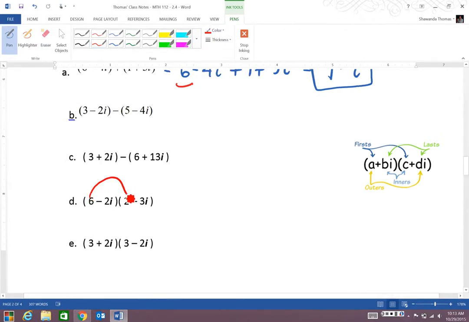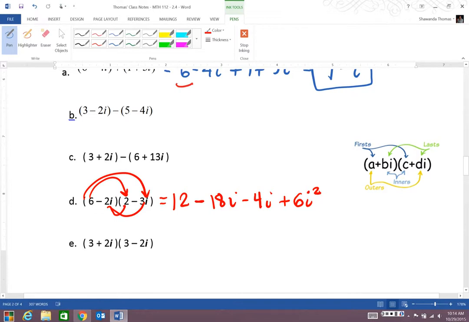6 times 2, 12. 6 times negative 3i, negative 18i. Negative 2i times 2, negative 4i. And negative 2i times negative 3i is a positive 6i squared.